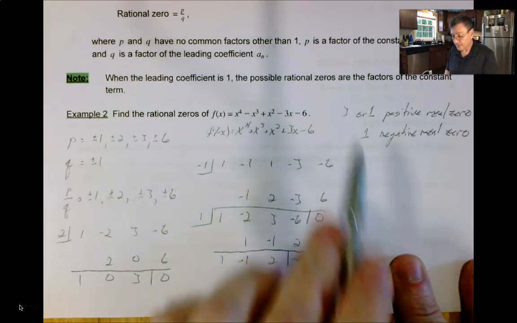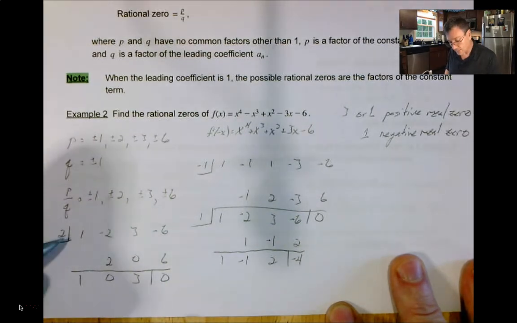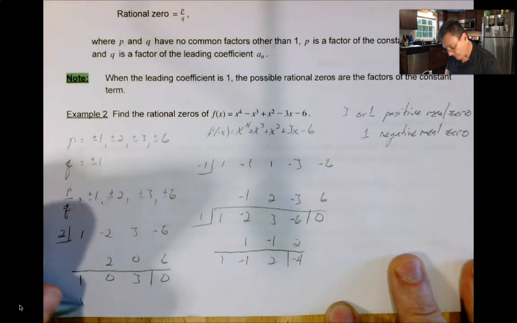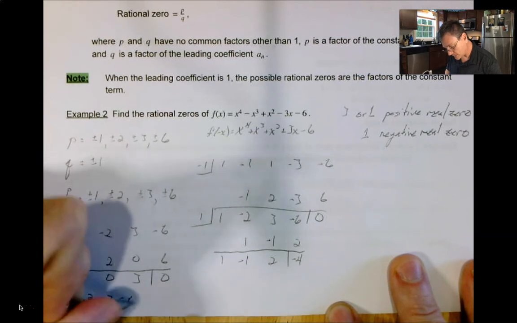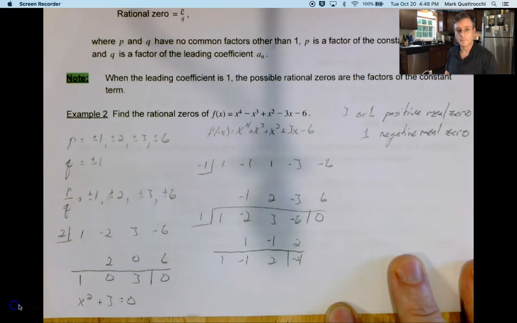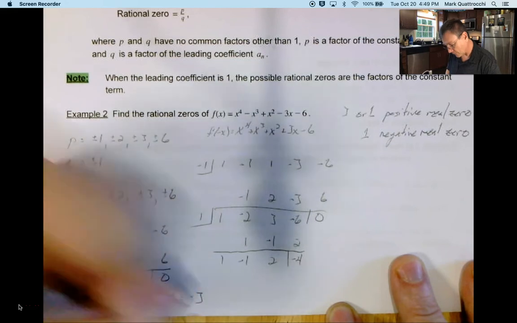Now it's possible that there are 2 more out there. It's possible that 3 and 6 are them. It could be that they're radicals. They could be square root of 5 and then something else. But we're down to quadratic, so we can do x squared plus 3 equals 0. And I'm not going to factor this, but I can solve it. Subtract 3 from both sides. X squared equals -3.